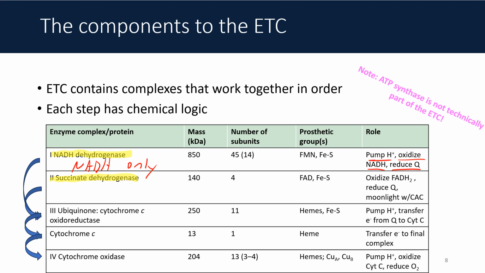So what about the electrons in FADH2? Their entry point is going to be complex 2, aka succinate dehydrogenase. That is the same succinate dehydrogenase of the citric acid cycle, so it's going to moonlight between these two pathways. When complex 2 oxidizes succinate in the citric acid cycle, it's going to, in turn, reduce an equivalent of FAD into FADH2.